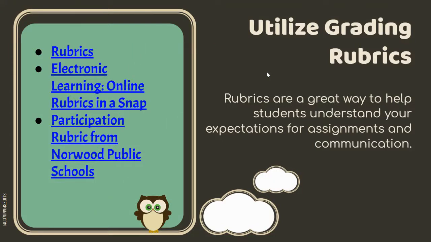So, one thing I think to just kind of start to wrap things up is I think rubrics is something that you really embrace in your classrooms, but I think you also need to start embracing them in your distance learning areas. So, these first two links are a lot of really great ways to make some rubrics for yourself really quickly.